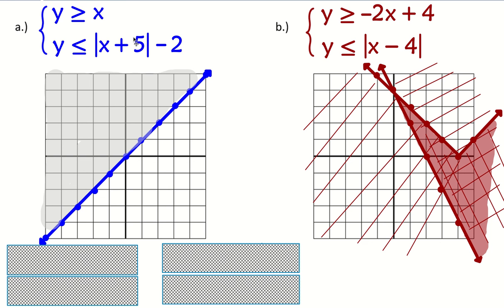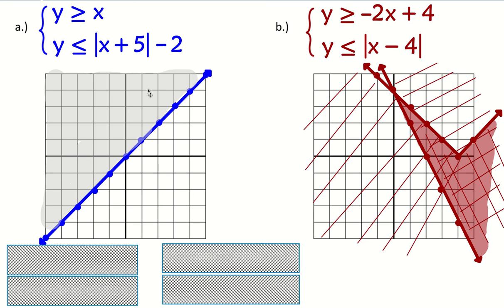But I'm going to remind you of the other way to graph these V's. Because let's say there was a 3, not out here in front of the absolute value, but inside the absolute value, right in front of the x, like a 3 or a 1/4 or something.